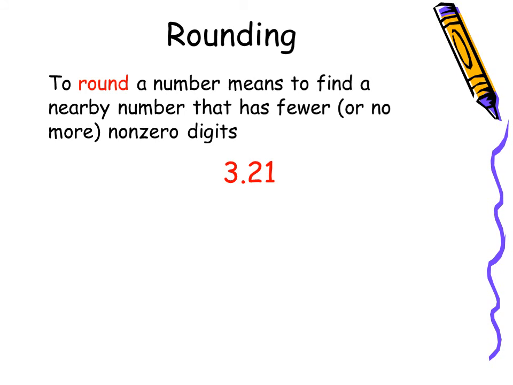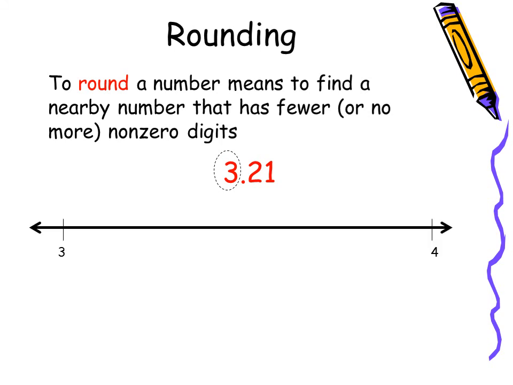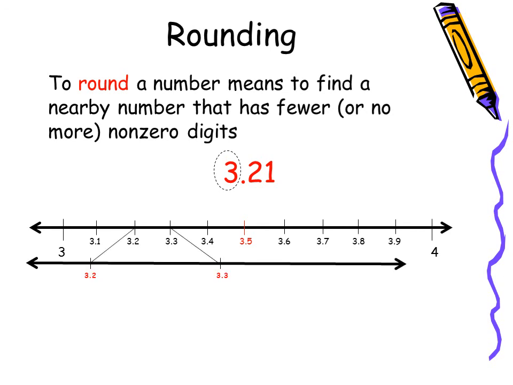Let's take a look at the same example if we wanted to round it to one non-zero digit. So 3 and 2 hundredths would be between 3 and 4. So our long tick marks would be whole numbers. So from 3 to 4 is 1 whole. So if we were to break 1 whole into 10 parts, each part would be tenths. So 3 and 2 hundredths is between 3 and 2/10 and 3 and 3/10.